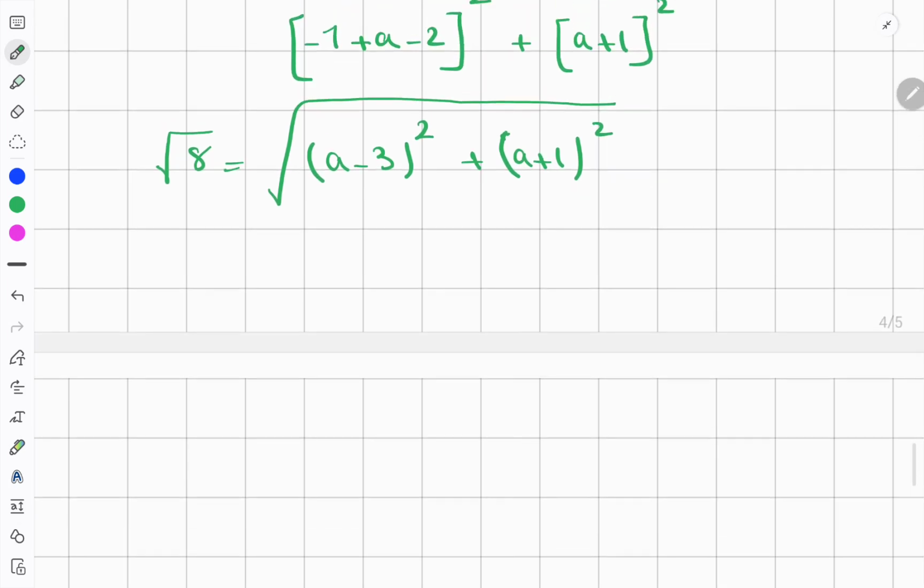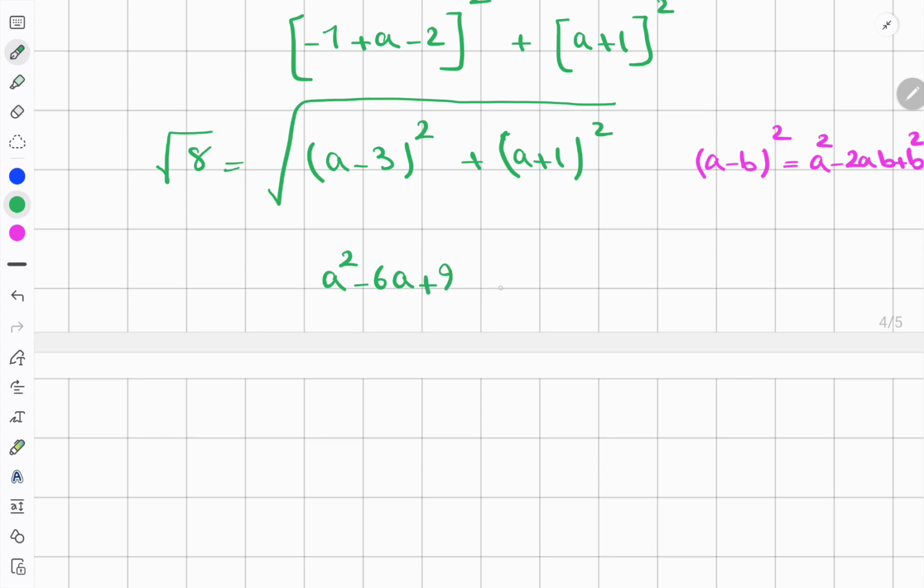Okay, we have (A minus 3) squared, and I'm gonna use this identity, (a minus b) squared. This is a perfect square identity: a squared minus 2ab plus b squared. So A squared, 2 times 3 is negative 6A, plus 9.